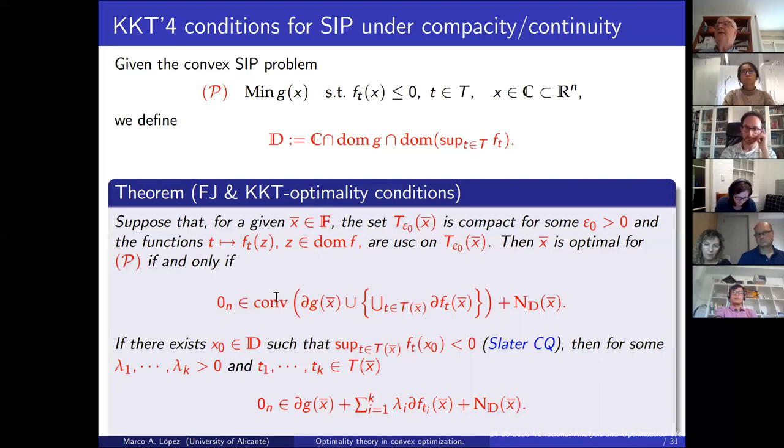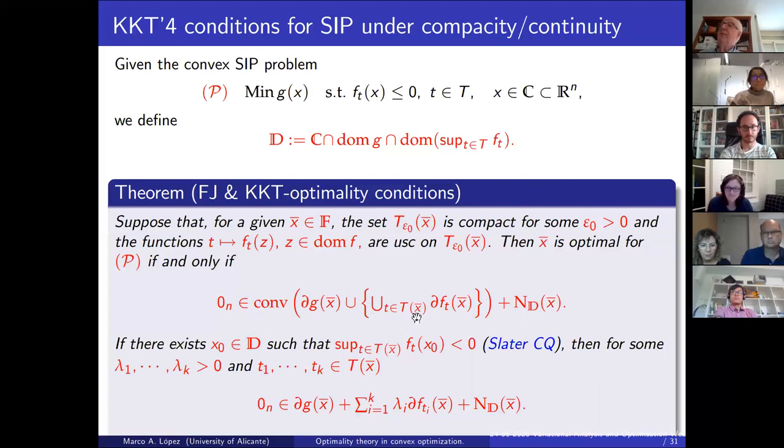In any case, observe the second point. When I develop this condition and express zero as a convex linear combination of these terms, perhaps the weight lambda assigned to the subdifferential can be zero. That means this is a Fritz-John optimality condition.